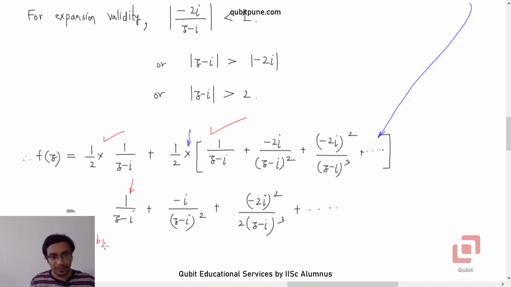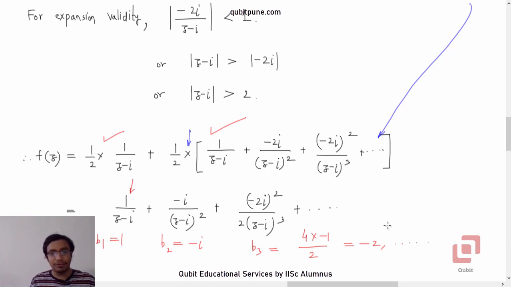So b1 is going to be 1, b2 will be negative i, and let's not forget this too. So b3 is going to be, 2 in the denominator, square of minus 2 is 4, square of i is minus 1, so b3 will be negative 2, and so on.